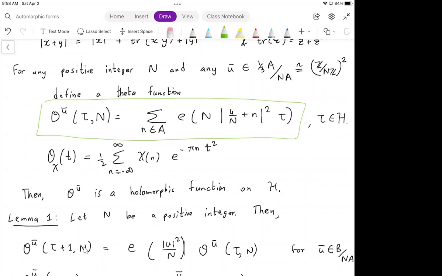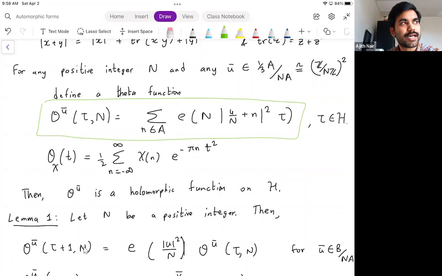Why not? Where does it fail to converge in the complex plane? I don't know the answer to that. This is more like a standard thing to do. We want to take an infinite series. But it is possible that it converges outside of the upper half plane also.